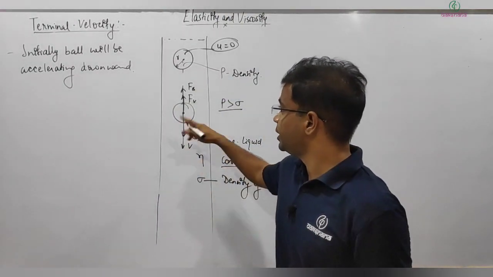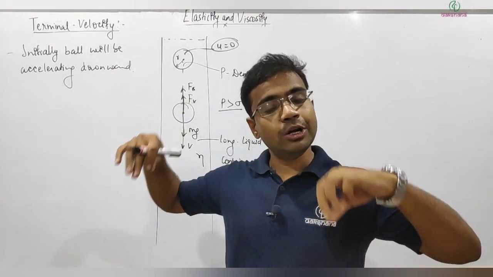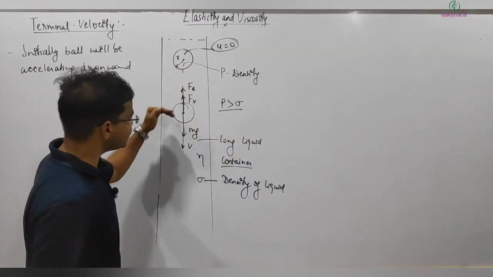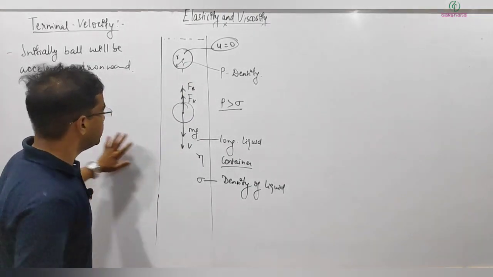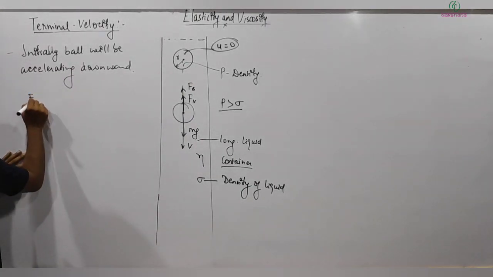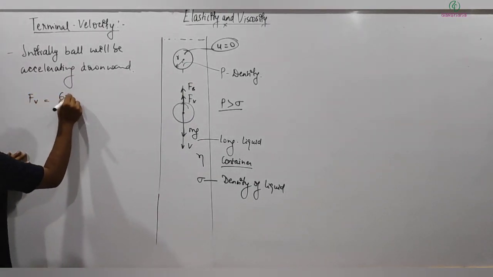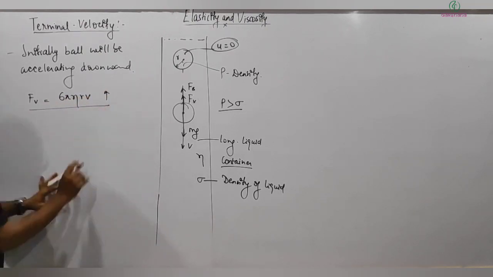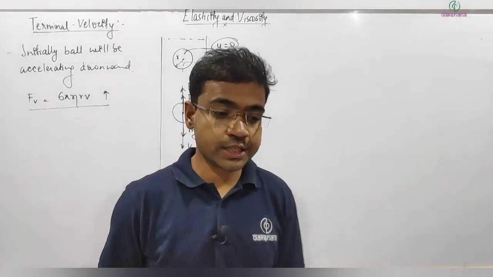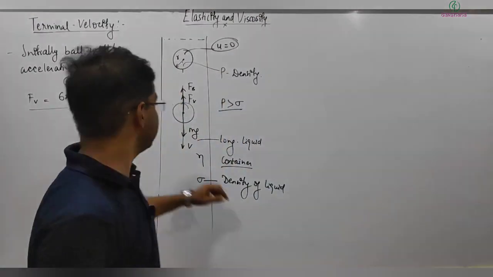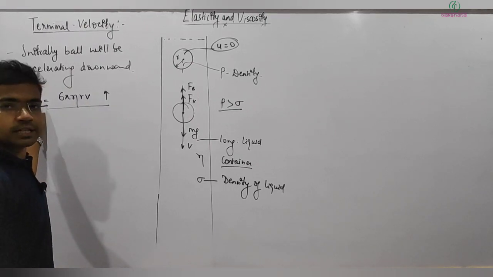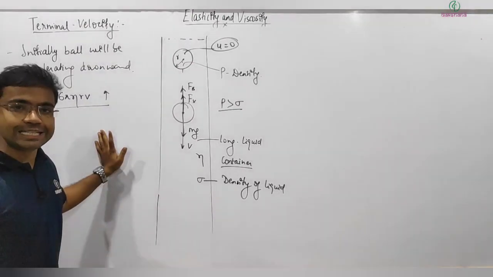Now what will happen? Initially the ball's velocity is 0, so viscous force will be 0. But as it's accelerating downward, viscous force will be 6 pi eta rv, and it will be upward. Clear? As your velocity increases, this viscous force will keep on increasing.